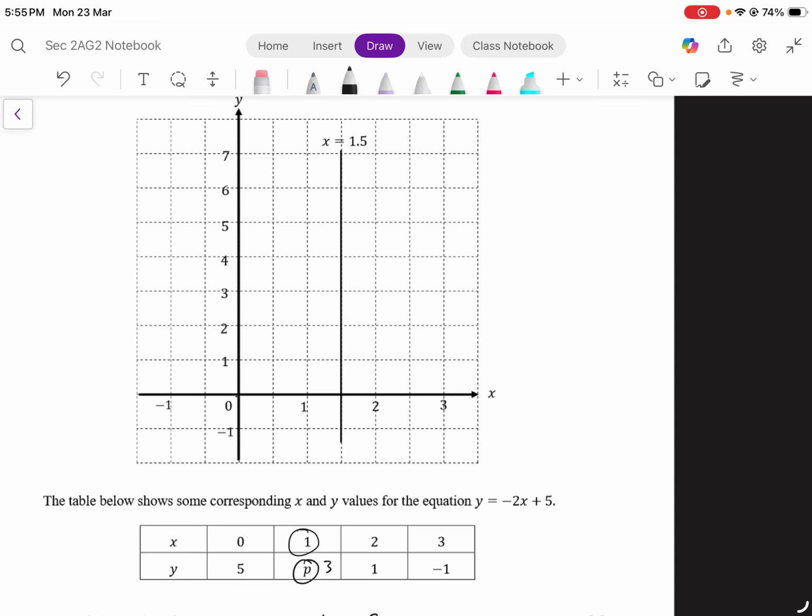Then when x is 2, y is 1. Use a ruler to draw. I can't use the graphing tool, so please use a ruler. Then go ahead, mark out and label the graph y equals minus 2x plus 5.